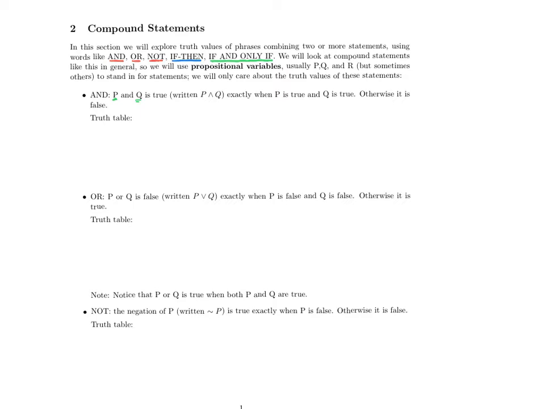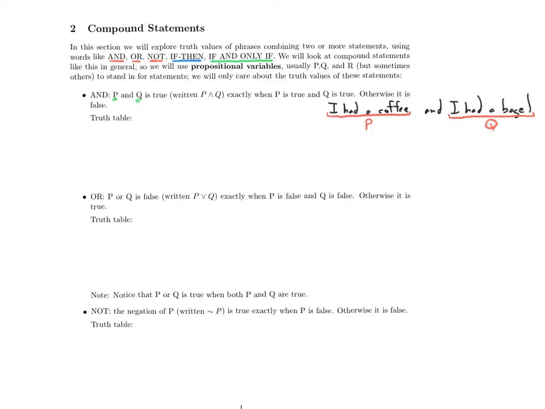So, let's say I told you that I had a coffee and I had a bagel. So let's say for breakfast, I told you these things. I had a coffee and I had a bagel. And we'll call the first bit P, and we'll call the second bit Q.